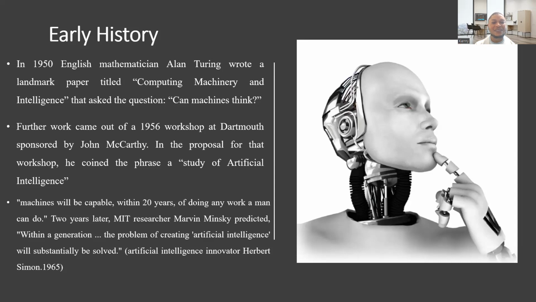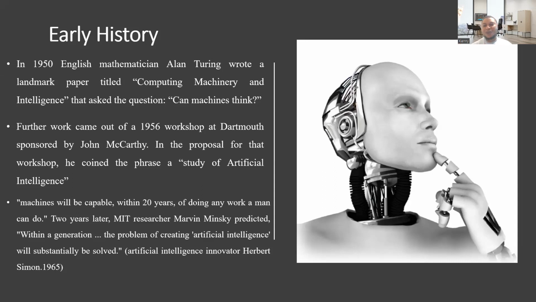And later on, 1956, a workshop at Dartmouth, sponsored by John McCarthy. In the proposal for that workshop, he coined the phrase a study of artificial intelligence. So the first guy was talking about computing machinery and intelligence, but 6 years later, another man says, okay, this should probably be referred to as artificial intelligence.